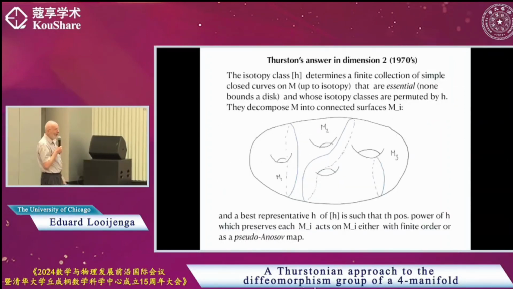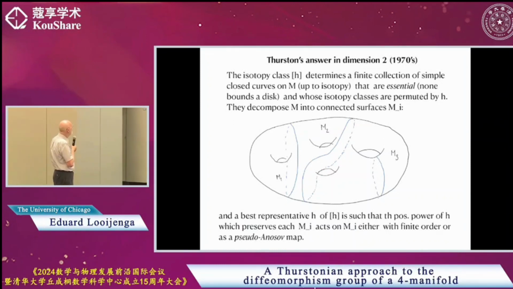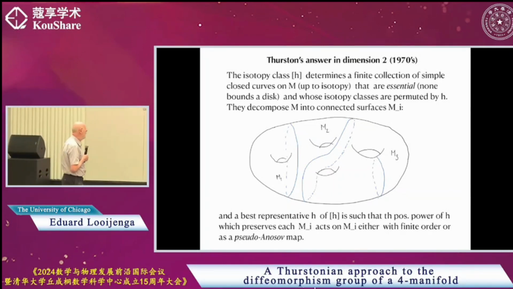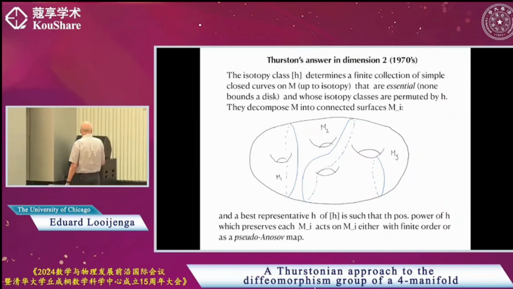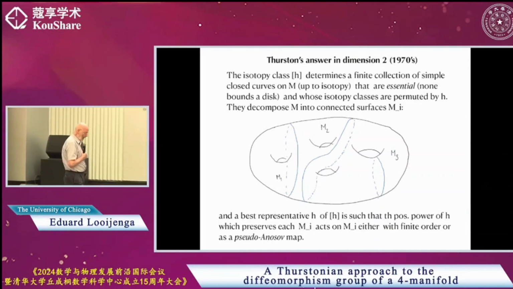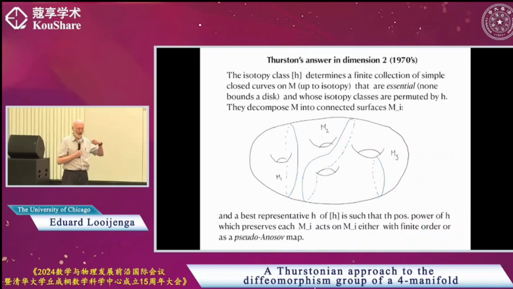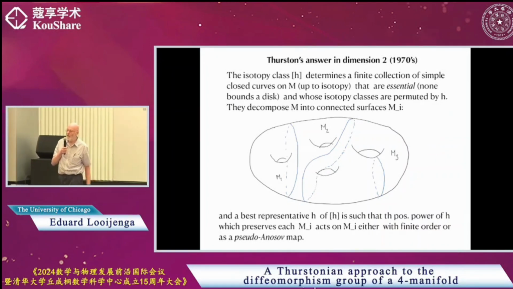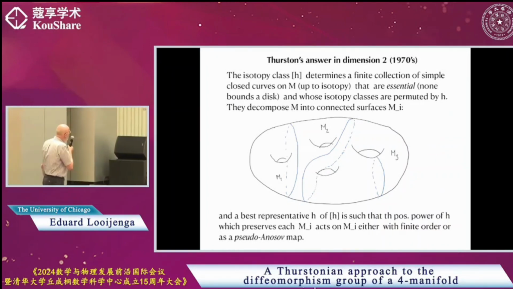So I've attempted to draw such a surface, and we suppose here that the diffeomorphism, orientation preserving, as I said, is given. Then the statement is that the isotopic class of that diffeomorphism has the property that it will not leave invariant a closed curve or collection of closed curves, but of course it will leave invariant their isotopic classes, because you want the property about isotopic classes.